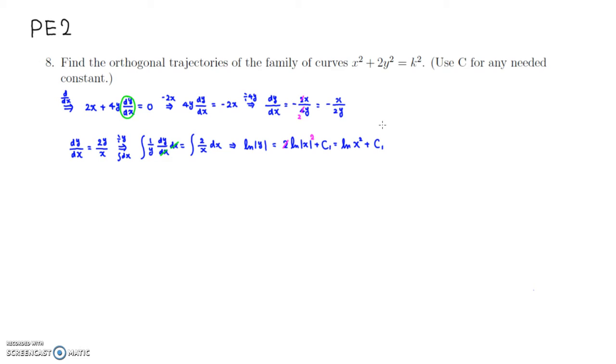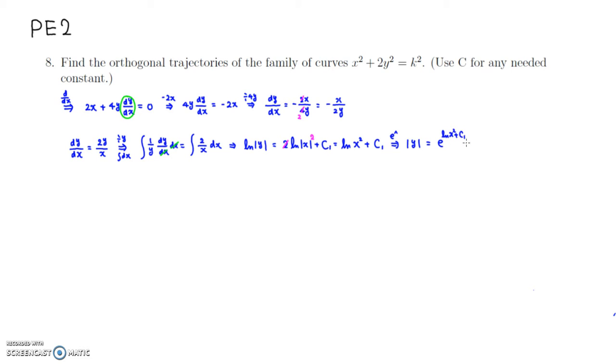Then we need to isolate y. To get rid of the natural log, we can raise e to both sides. You get the absolute value of y, because e and natural log cancel out. The right-hand side is e to the natural log of x squared plus c1.